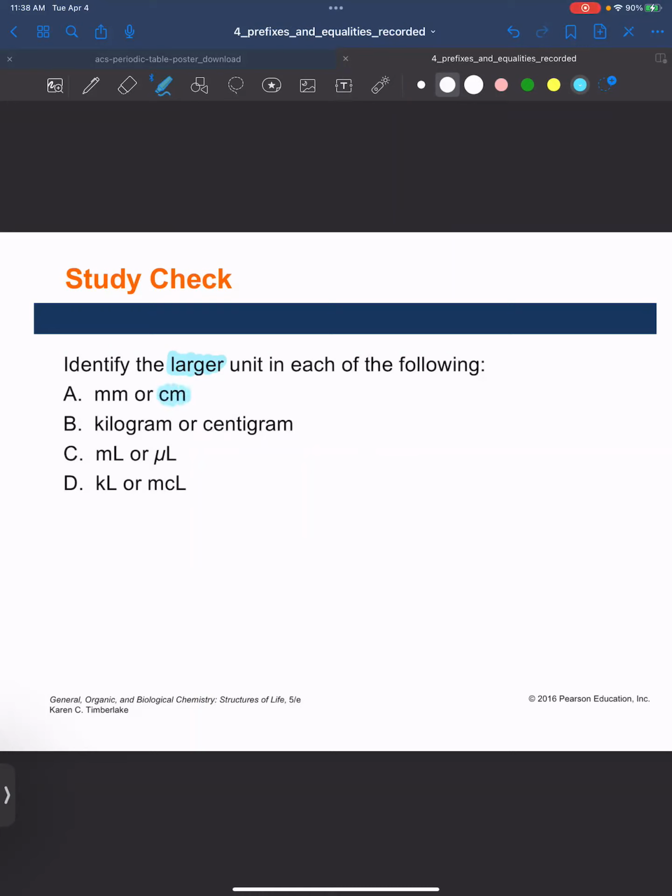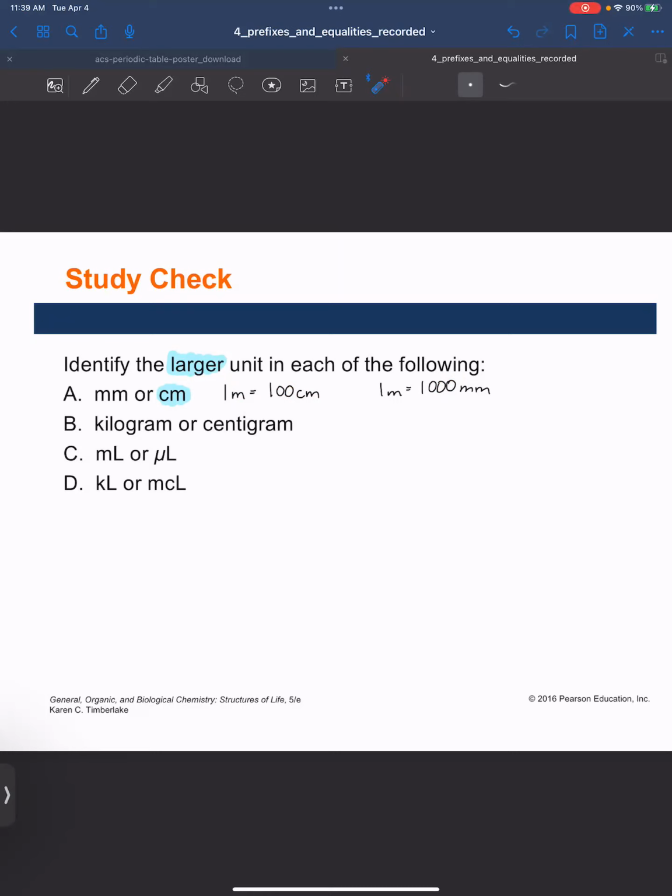If you wanted to write some equalities to prove that to yourself, you could say 1 meter is equal to 100 centimeters, and 1 meter is equal to 1,000 millimeters. Both of these measurements are for 1 meter, and it takes fewer centimeters than millimeters. So the centimeter must be the larger unit.